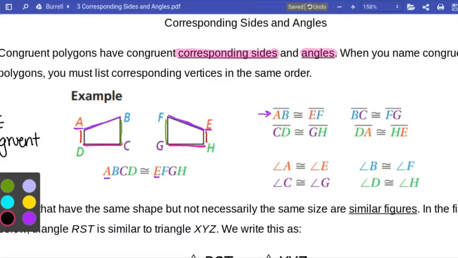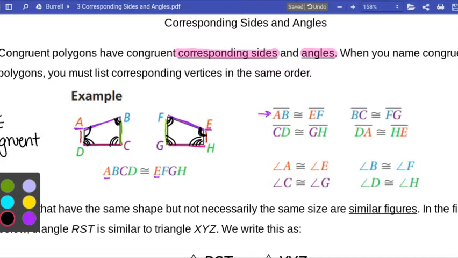So angle A is corresponding and congruent to angle E. Angle B is corresponding and congruent to angle F. Angle C is corresponding and congruent to angle G. And angle D is corresponding and congruent to angle H. You'll see that each time I discussed a corresponding angle, I added a little angle marking on the inside of the figure because we know that a 1 and a 1 match. A 2 and a 2 match, and so on.